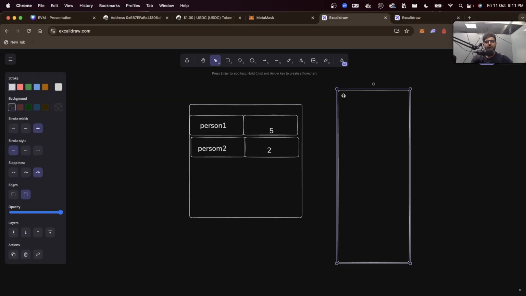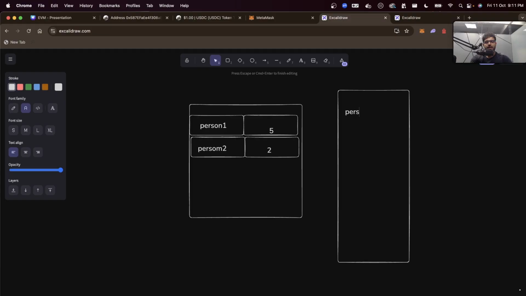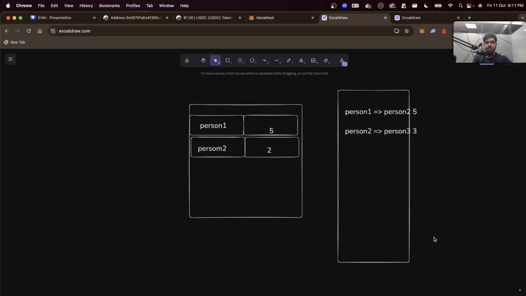You don't store that first person 1 sent person 2 5 rupees and then person 2 sent person 3 3 rupees. You don't store this list of states. If you store them, sure, a database is also a state machine. But this comes from if you've heard of a Turing complete machine, if you've heard of the original computer, things like this, from there this term comes, it is a state machine.